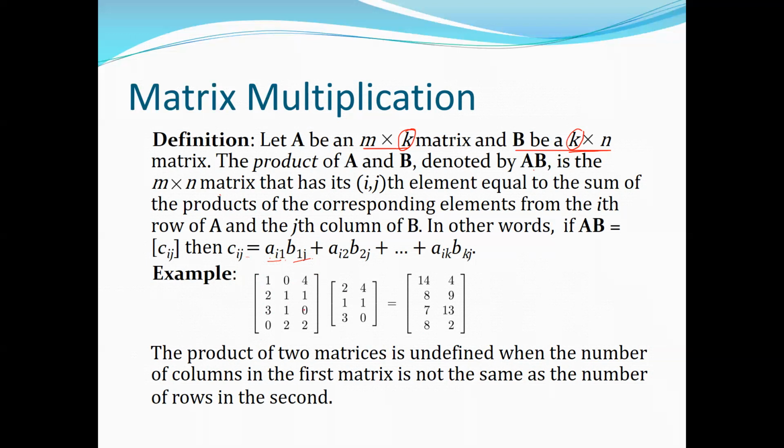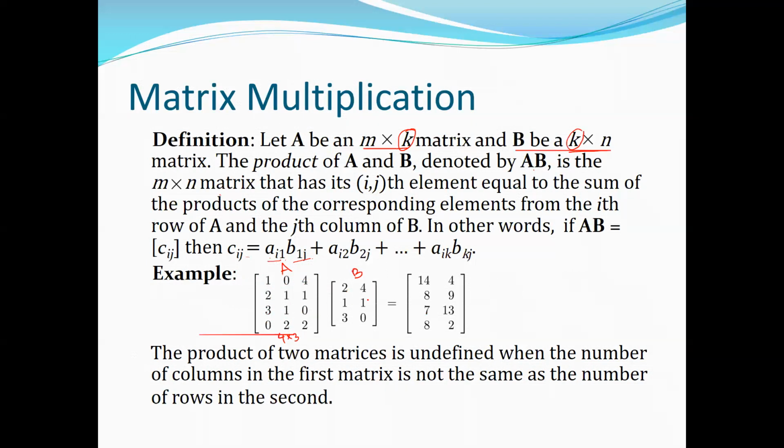Here you can see these two matrices. Let's say this matrix is matrix A and this matrix is matrix B. So when can we multiply two matrices? Let's see the order of the size of this matrix. The size of this matrix is 1, 2, 3, 4, so 4 by 3, right?